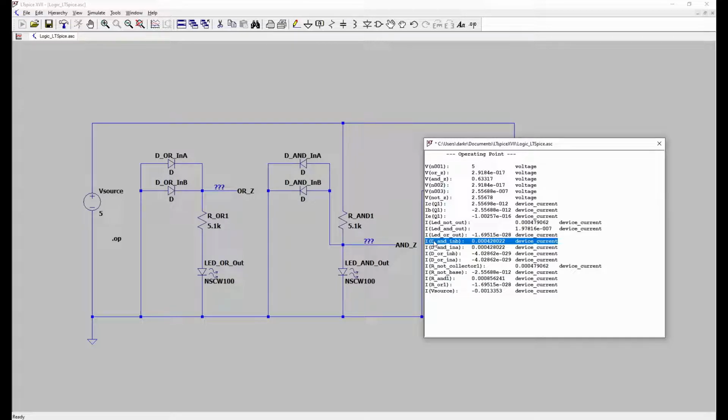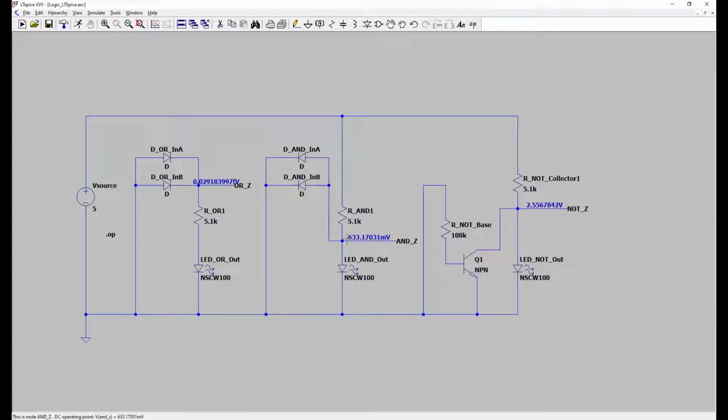So in this case, the current through the resistor for the AND gate is being split evenly between the two input diodes for the AND gate, and barely anything is passing through the LED. So the 0.6 voltage drop that we're seeing here is the 0.6 volts across these two diodes.